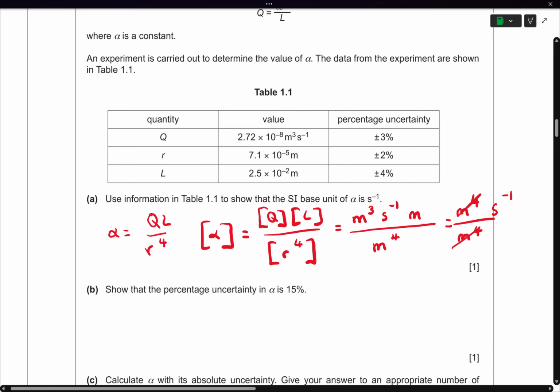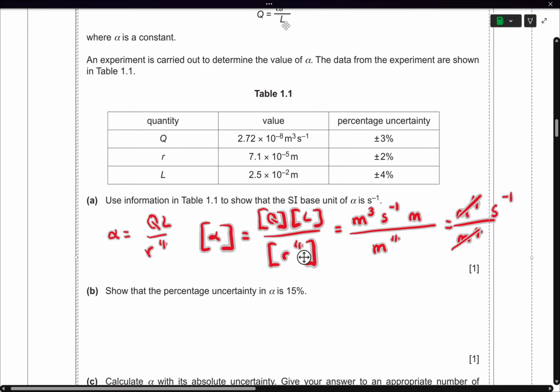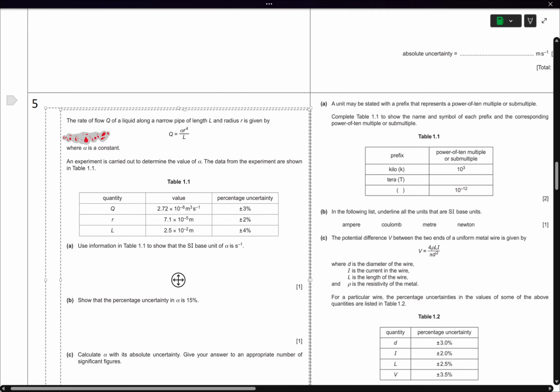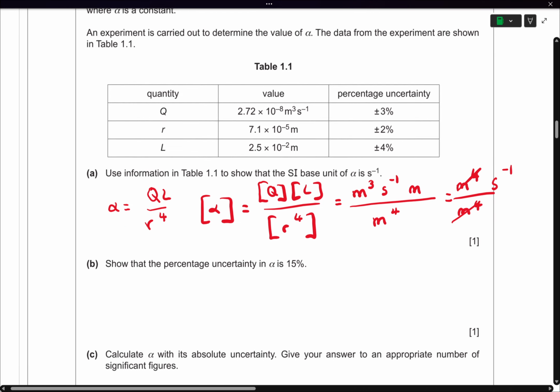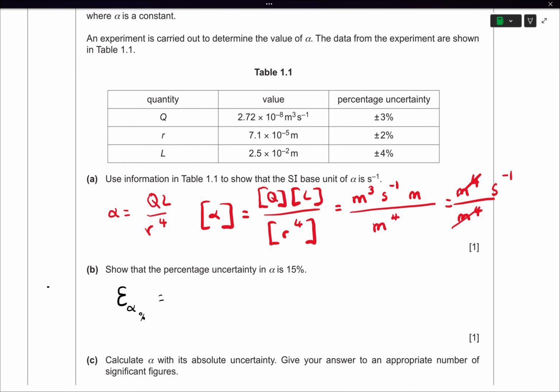Show the percentage uncertainty in alpha is 15%. So the error in alpha as a percentage. Looking at how this is arranged, we've got Q times L divided by R to the power of 4.